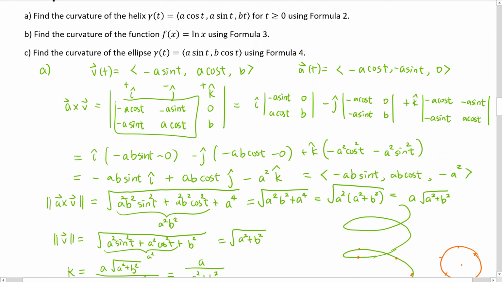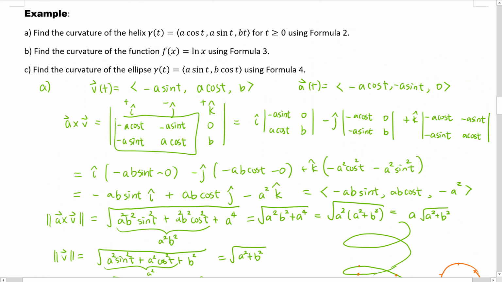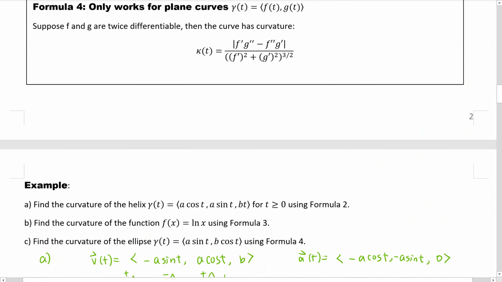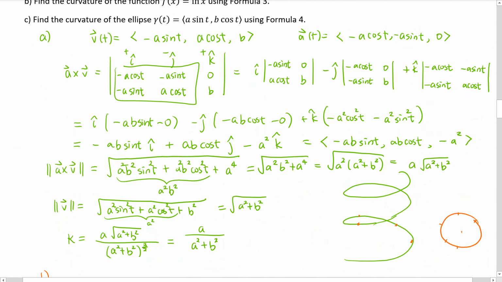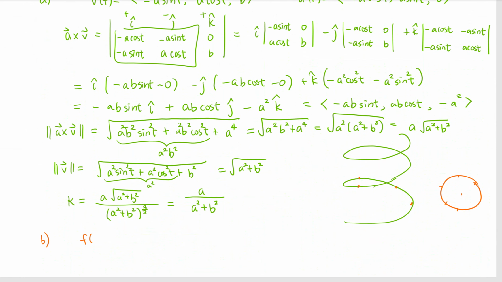So for part B, we have f of x equals ln of x. We want to use formula 3, so we need the first derivative and the second derivative. f of x equals ln of x, then f prime of x equals 1 over x, right? And how about the second derivative?